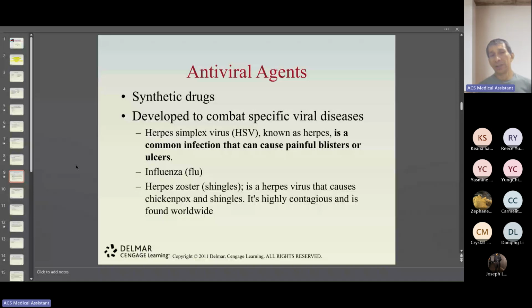So that's basically what it is. Very, very common condition, particularly for those who developed chickenpox when they were a child. Remember, this is the same virus that causes chickenpox, but now it's going to be reactivated in adulthood when your immune system is compromised.